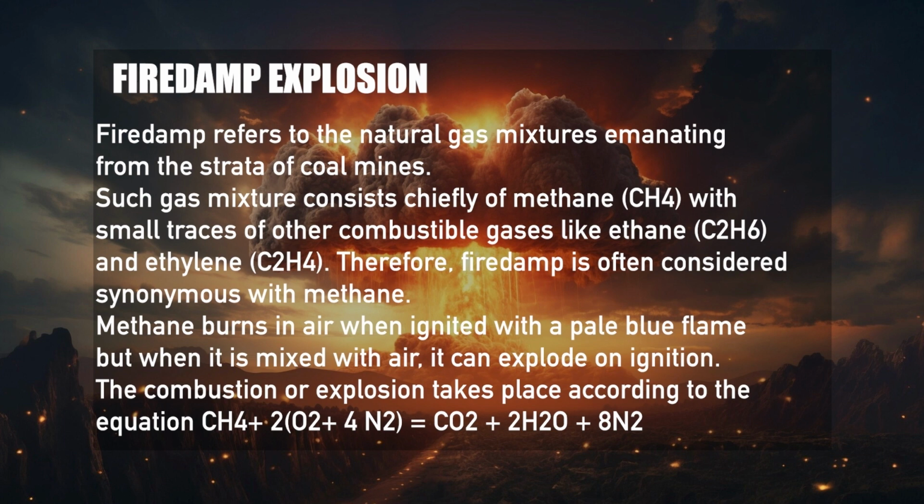The combustion or explosion takes place according to the equation CH4 + 2O2 + 8N2 → CO2 + 2H2O + 8N2. This is a chain reaction. It occurs continuously, and once started, it propagates to a larger area.